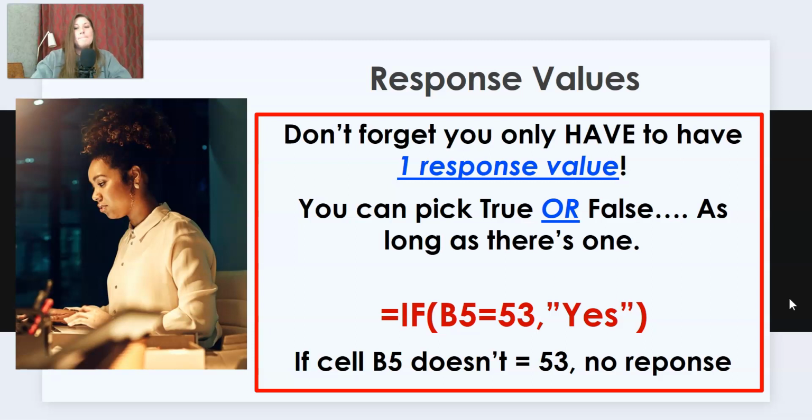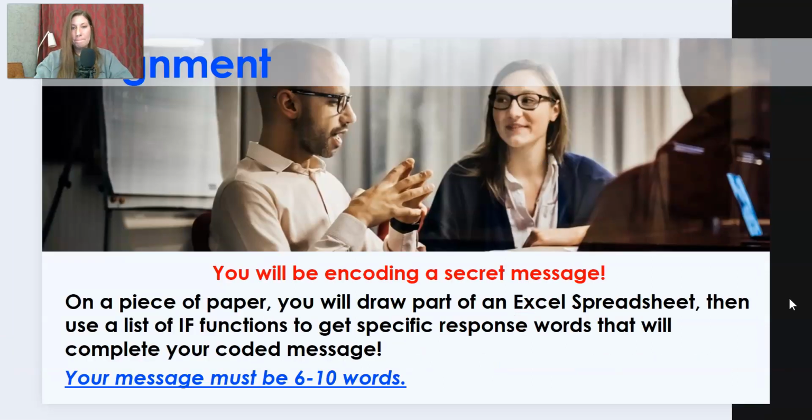So on a test, if I say true or false, you have to have a value of true and a value of false, that's false. You don't have to have both of them. But true or false, do you have to have at least one? That is true. Because otherwise, you're asking a question, but Excel doesn't know how to answer you if you don't give it a yes or no, true or false value to pick from.